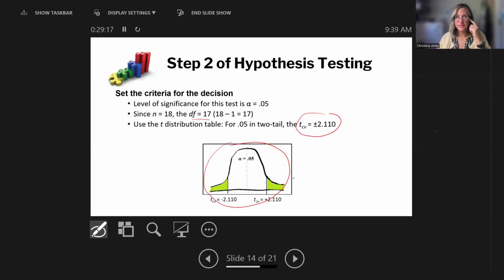I always suggest, until you're really, really good at determining whether things are significant, draw the distribution and put your tails in and your critical region so that you know if your test statistic falls in this region or this region, it is significant. If it falls anywhere in this middle area, it's not significant. Visual tools are helpful.